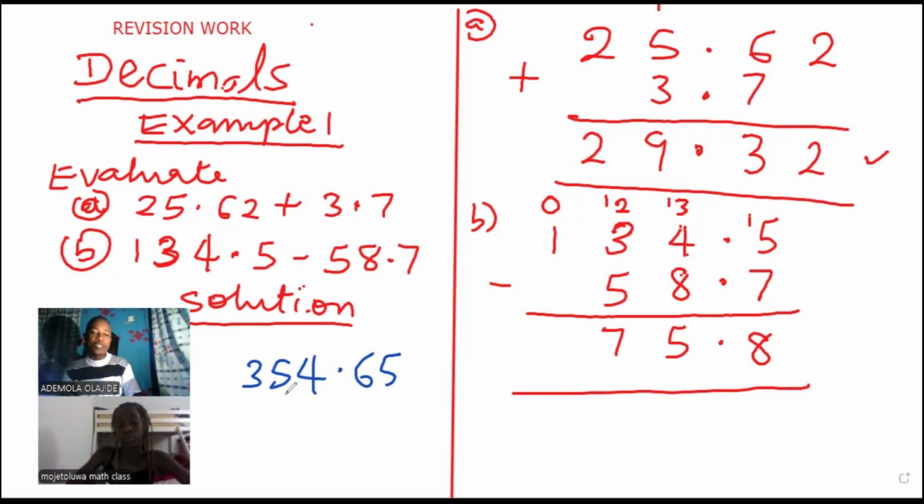No, you will say three hundred and fifty-four point six five. After the decimal, the remaining digits we call digit by digit. But the digits before the decimal, you call them out as a number. 354.65. 25.62. Please quickly copy that down.